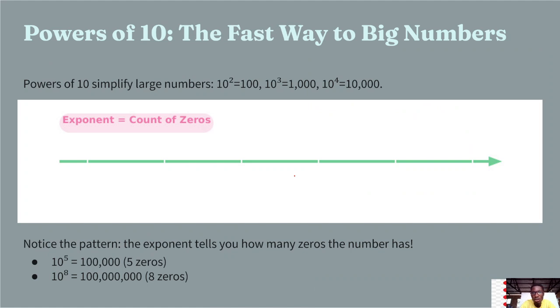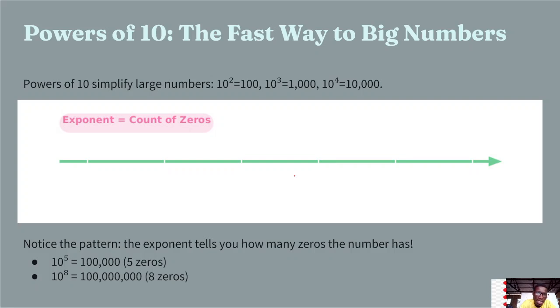All right. Powers of 10. The fast way to big numbers. Powers of 10 are extremely useful for working with large numbers. So let us look at the examples here to understand how this works. If we have 10 exponent 2, it means 10 multiplying itself 2 times.